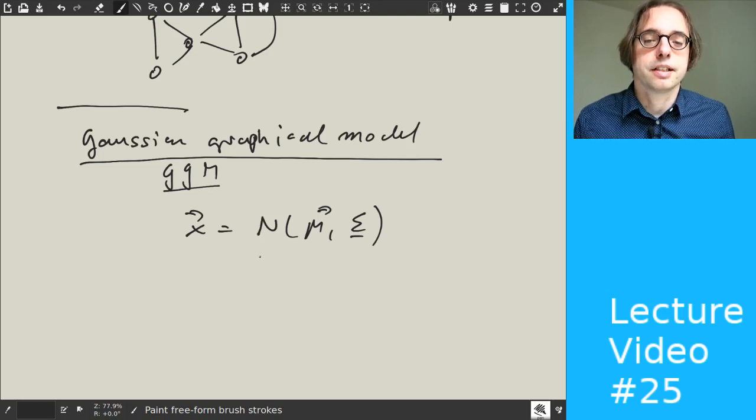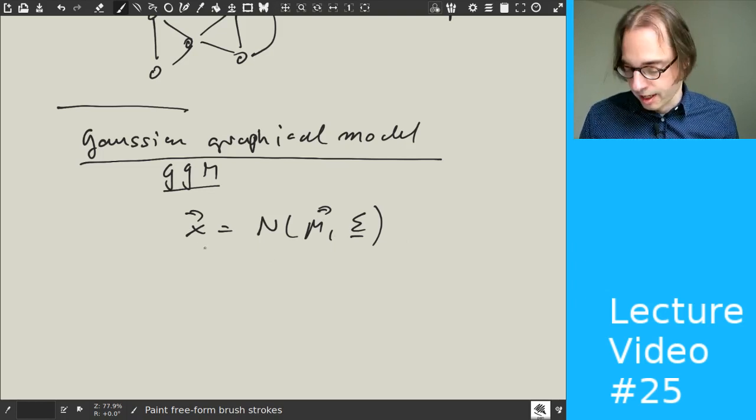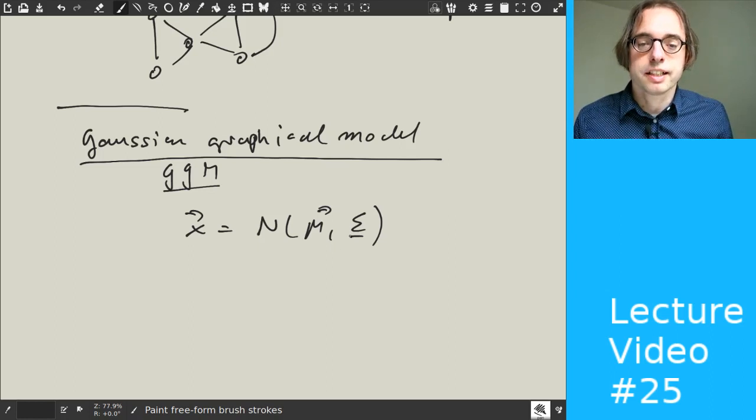As I said, we have very, very little time in this program to describe this. So the whole point is, we have multivariate normal data, and this is the covariance matrix, and if we invert this covariance matrix, we get the precision matrix.